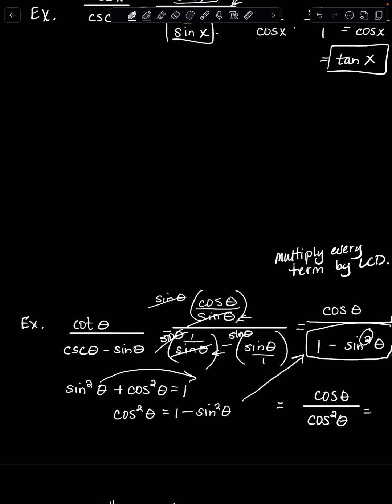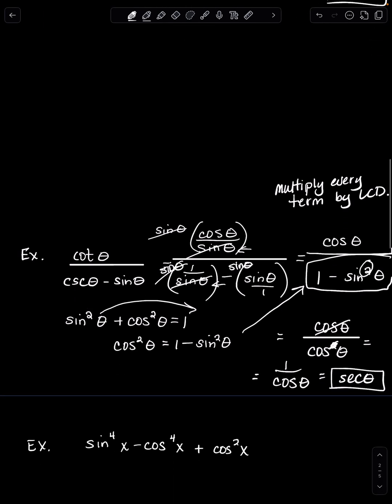We've got 1 cosine up top, 2 cosines on the bottom, so I can cancel one of those out, common factors, and that's going to leave me with 1 over cosine of theta. We're not going to leave it as a fraction because we know that the reciprocal identity of cosine is secant. So all that simplified to secant of theta. Okay, let's keep going.